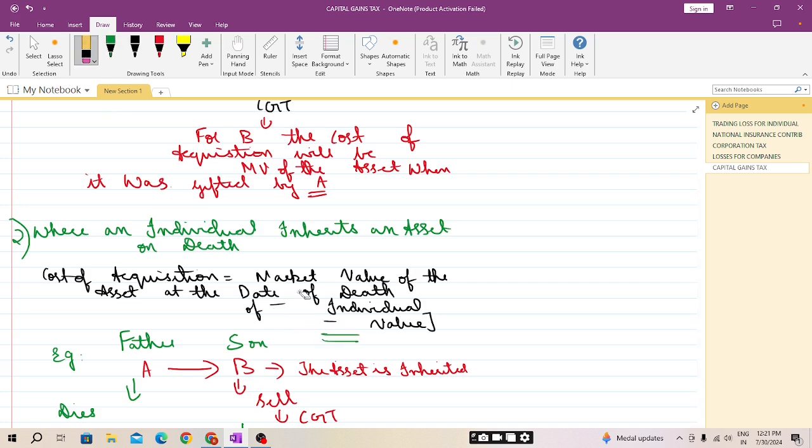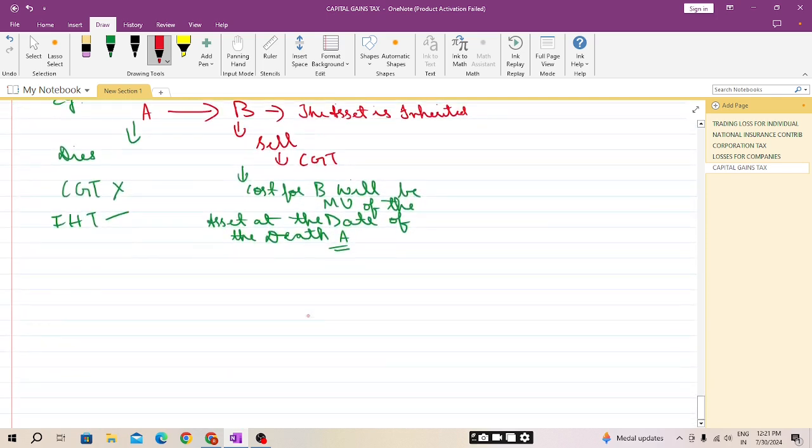This you need to keep in mind, students. I hope this is clear. Here it will be known as the probate value, and this will be provided in the question, students.